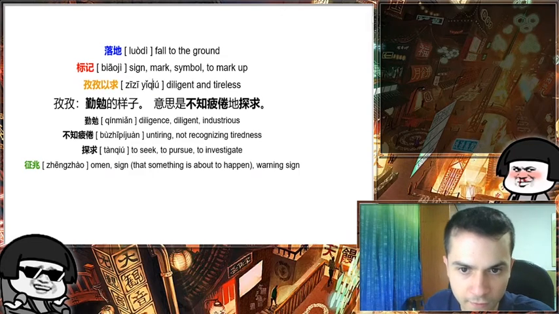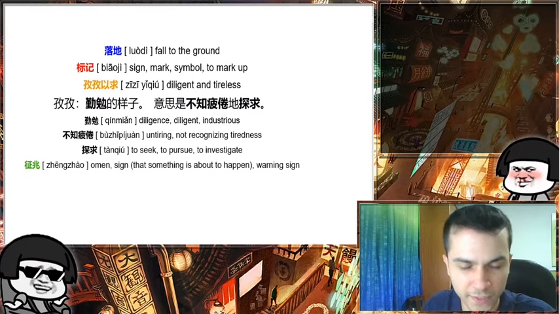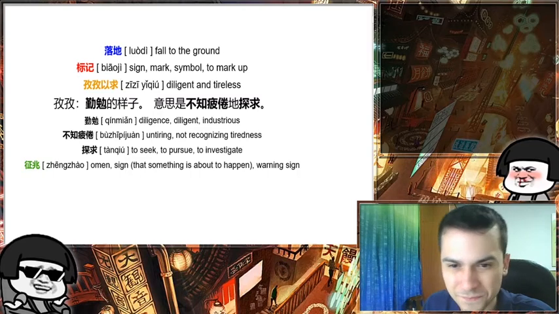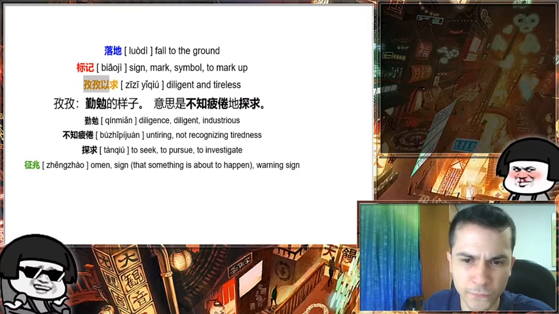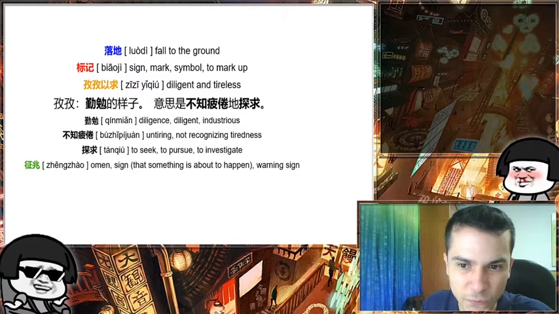Okay, so this is a 成语. Okay, kind of formal, well, actually pretty formal. The type of 成语 that if you say it, you're going to sound very, very smart. So 孜孜以求, which means to do something diligently and tirelessly, to work a lot and very hard.